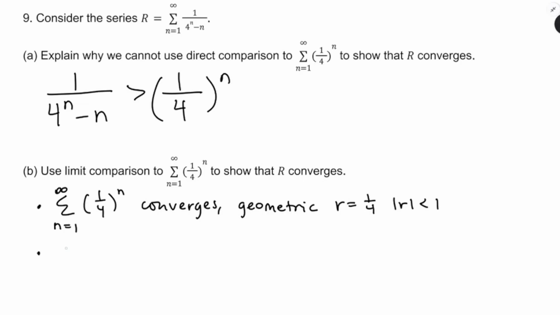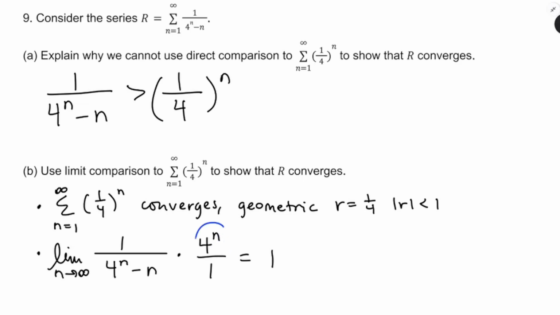Then limit comparison, limit as n approaches infinity, of 1 over 4 to the n minus n, okay, divided by 1/4 to the n. Well, that's 1 to the n over 4 to the n, but 1 to the n is just always 1, so this is going to be 4 to the n over 1. That's going to be a limit of 1, because the fastest growing thing on top and bottom is the 4 to the n and the 4 to the n.